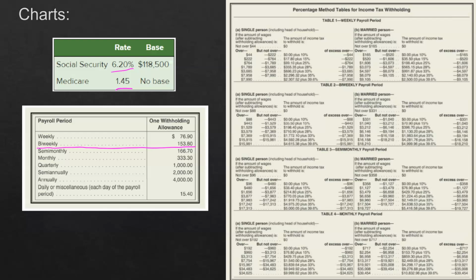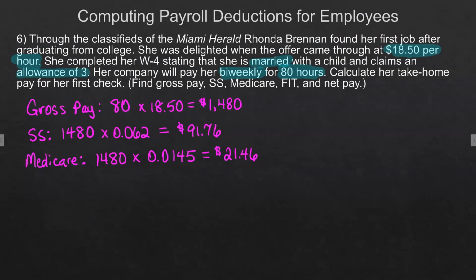So we get to take that from her gross pay before we go to the chart. Okay, so it was $153.80 for the biweekly category times 3. And then we subtract that from 1480.